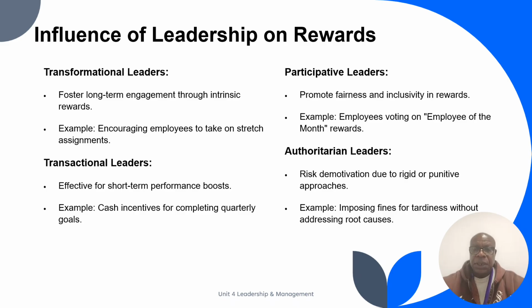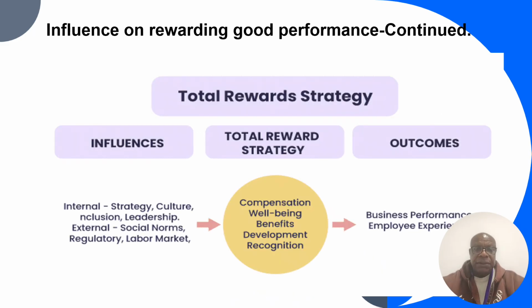Okay, there's an image here where we have the internal and external influences when they come in, and then management can apply compensation, look after well-being, give well-being benefits, training and development, recognition, and when all this is done effectively, then there will be what is called a total reward strategy.